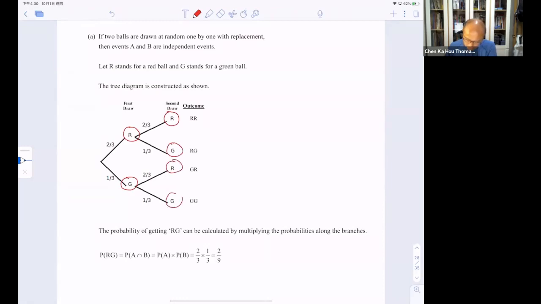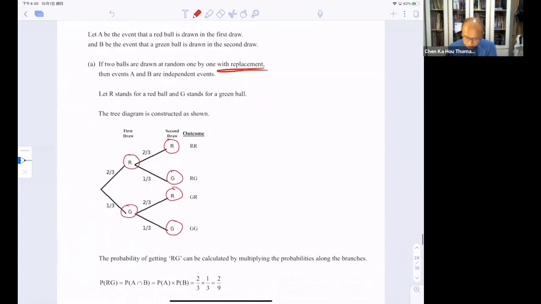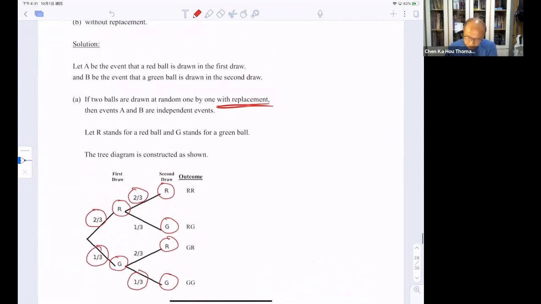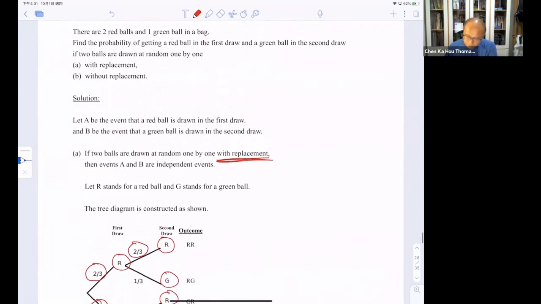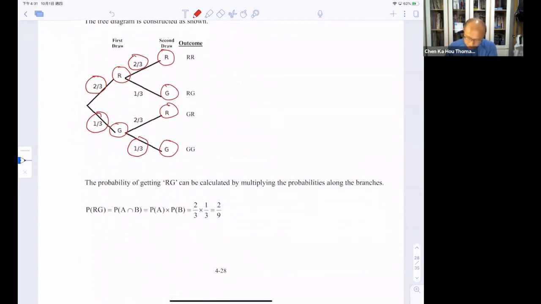In part A it is with replacement, so the probability does not change when you draw the second one. It is 2 over 3 for red, and 1 over 3 for green, both times. So with replacement, you put it back, and for a red ball first and a green ball second, you trace the diagram: it is 2 over 9.